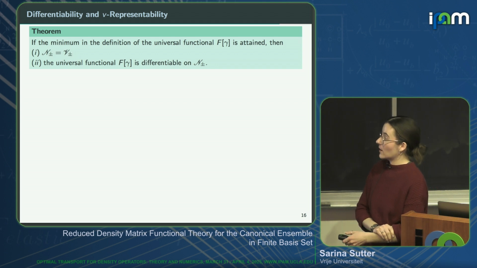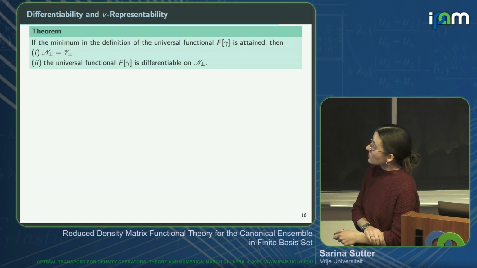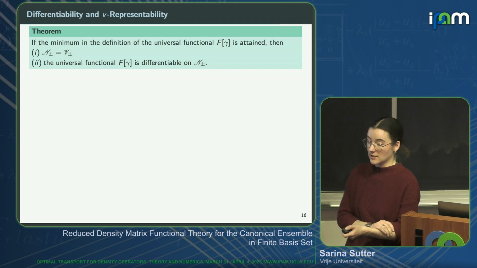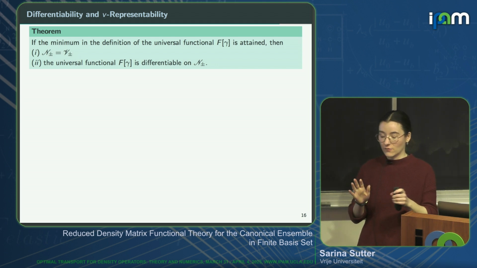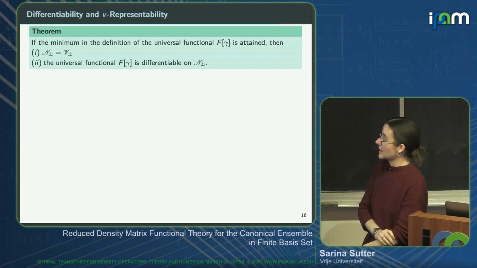So now we have what we want to prove in this talk. We assume that the minimum in the definition of the universal functional is attained. For now, we don't need to bother about that. I will later show that this is the case.